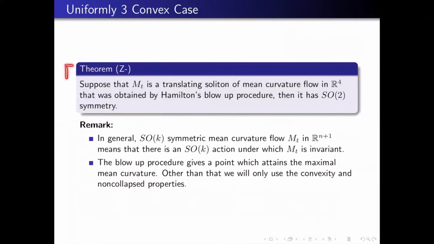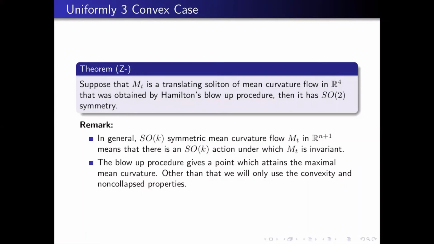Here is the statement of my recent result, which says that if M_t is a translating soliton in R4, so it is automatically uniformly three convex, and this solution arises as a blow-up limit, in particular as a limit of Hamilton's blow-up procedure, then it should have SO(2) symmetry.